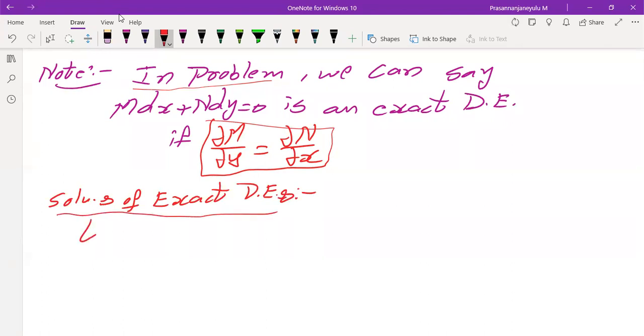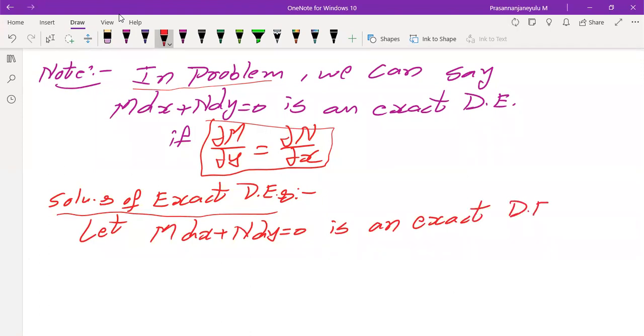Let M dx plus N dy equals 0 be an exact DE. How can we say it is an exact differential equation? Respond, please. When can we say it is an exact differential equation?